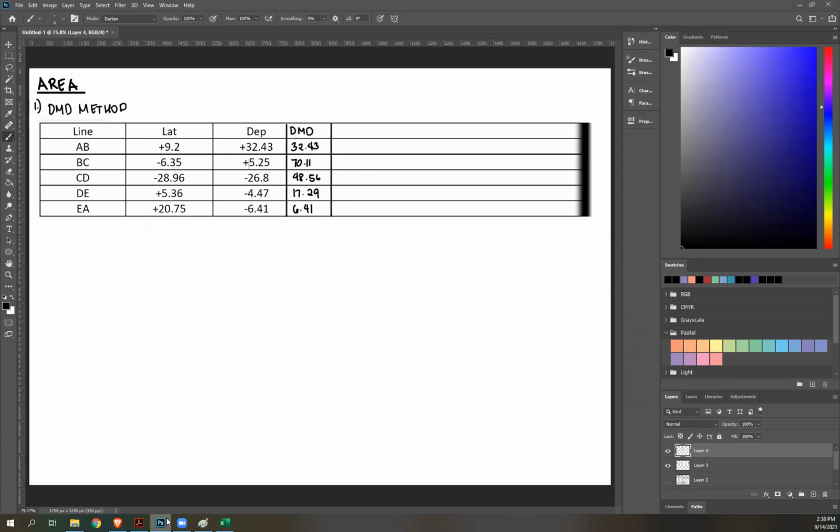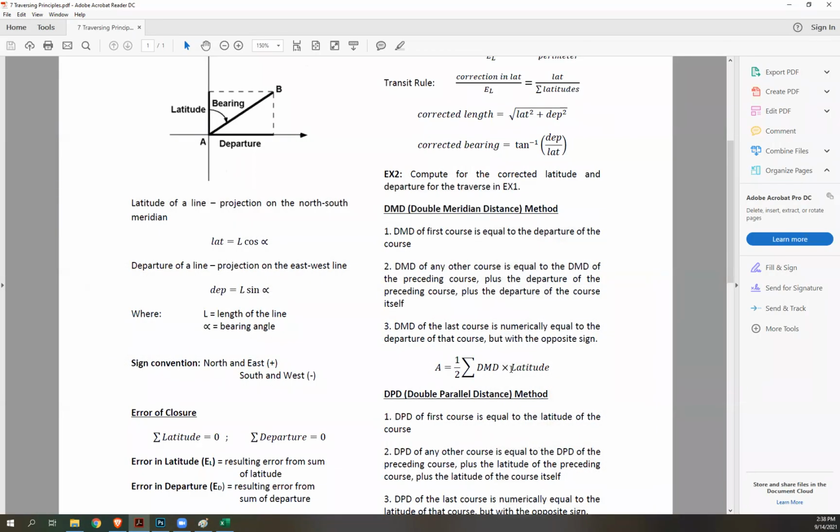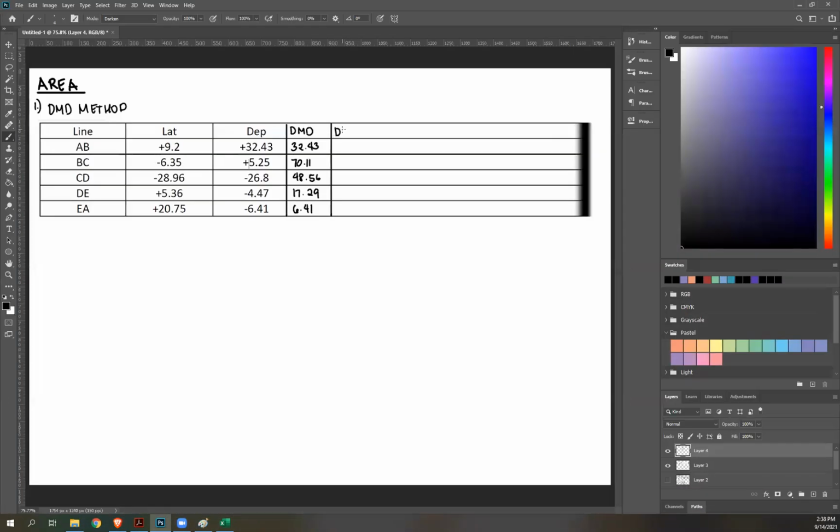Now the next step, look at our equation. That's summation of DMD times latitude. So let's do that. DMD times latitude. So 32.43 times 9.2, that is 298.356.